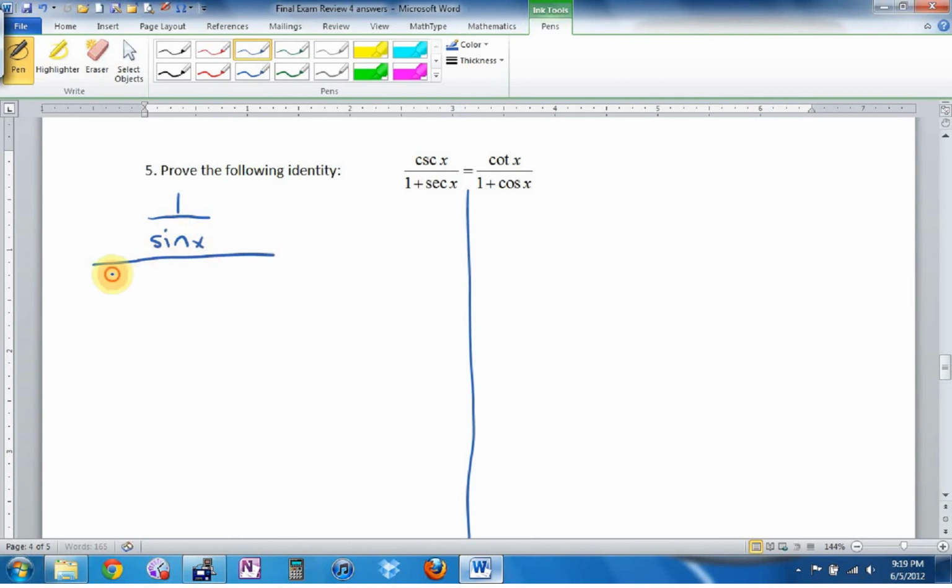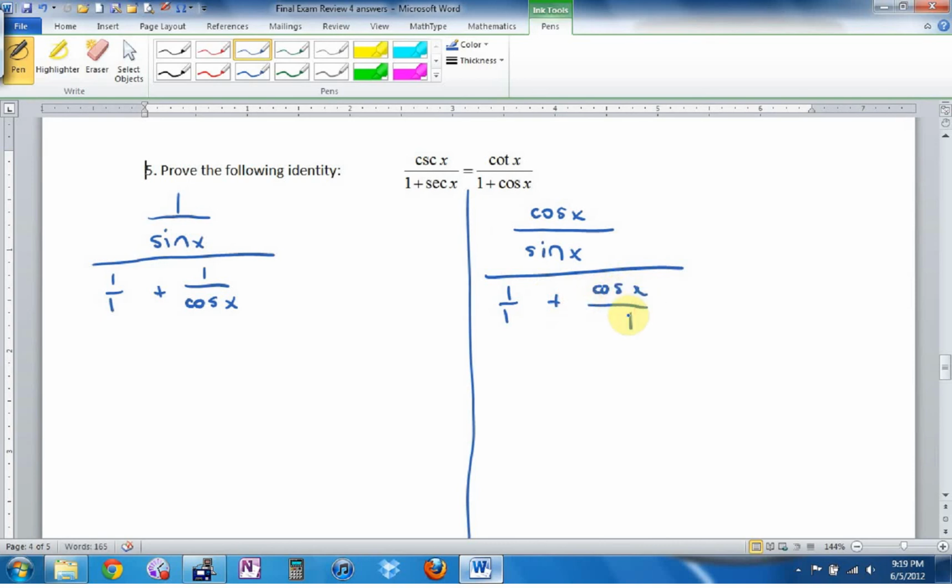And since it's a fraction, I want everything to be a fraction, and secant is 1 over cos x. Cotangent is cos over sine, all over 1 over sine plus cos over 1. I got complex fractions, so here we go.